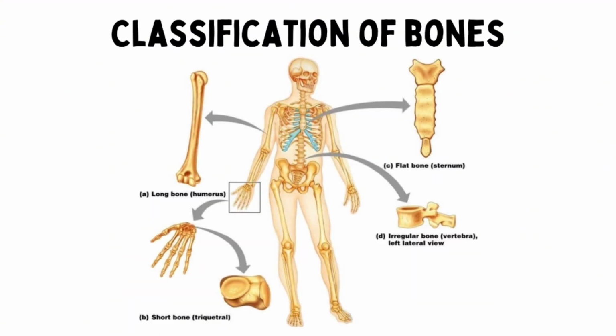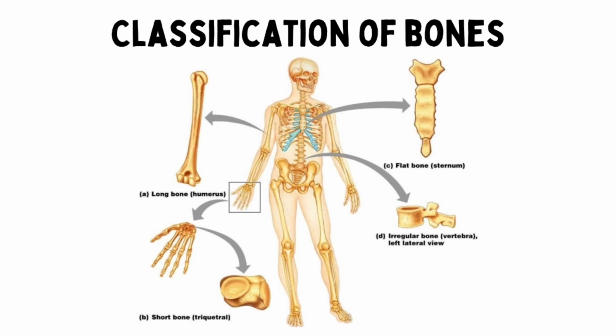The bones can also be classified according to their shape and size. The long bones, as the name indicates, are long and their main function is support. An example is the femur. The short bones are the small bones that give stability, for example, the bones of the carpus.